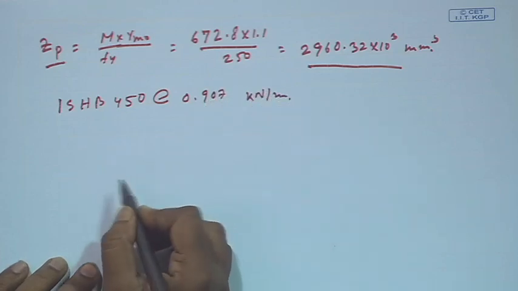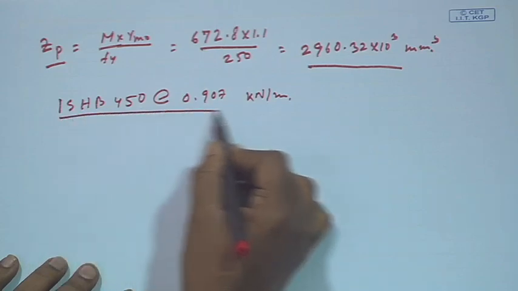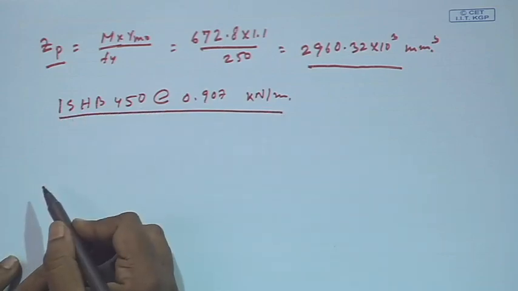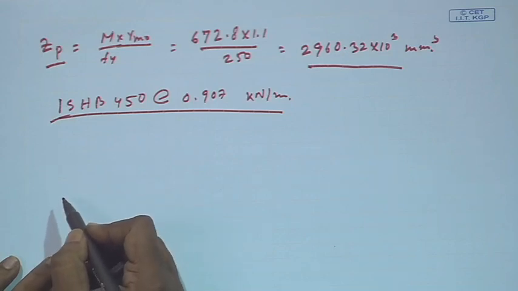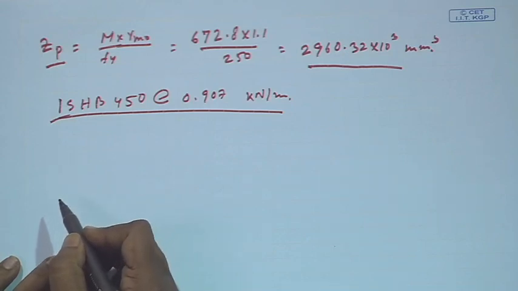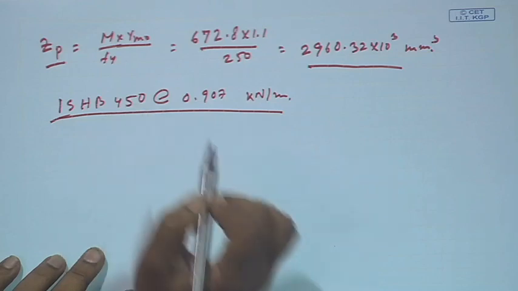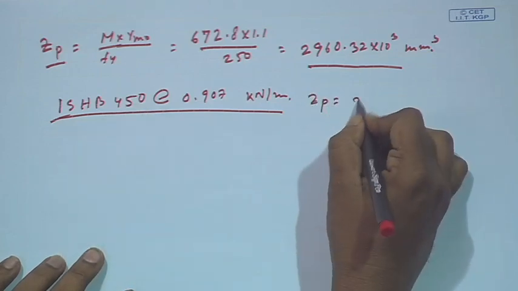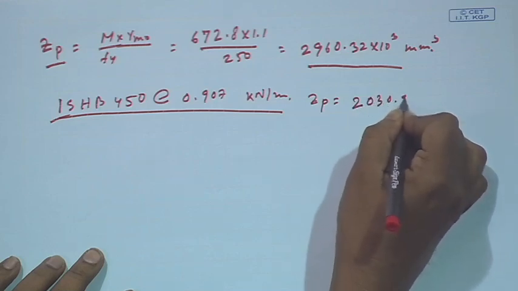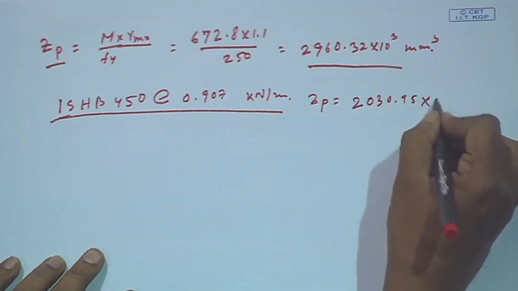The largest section modulus we could achieve with the depth restriction below 500 is ISHB 450, where the section modulus is 2030.95. Section modulus means plastic section modulus.